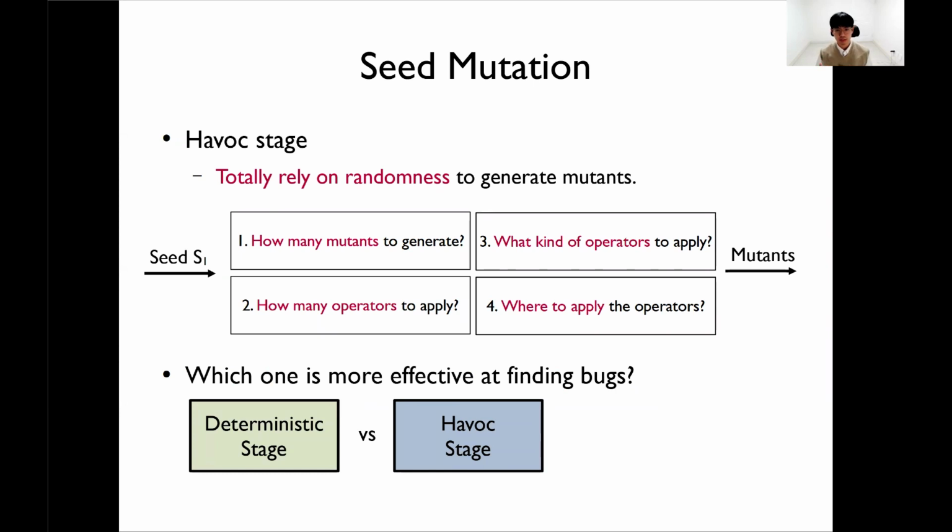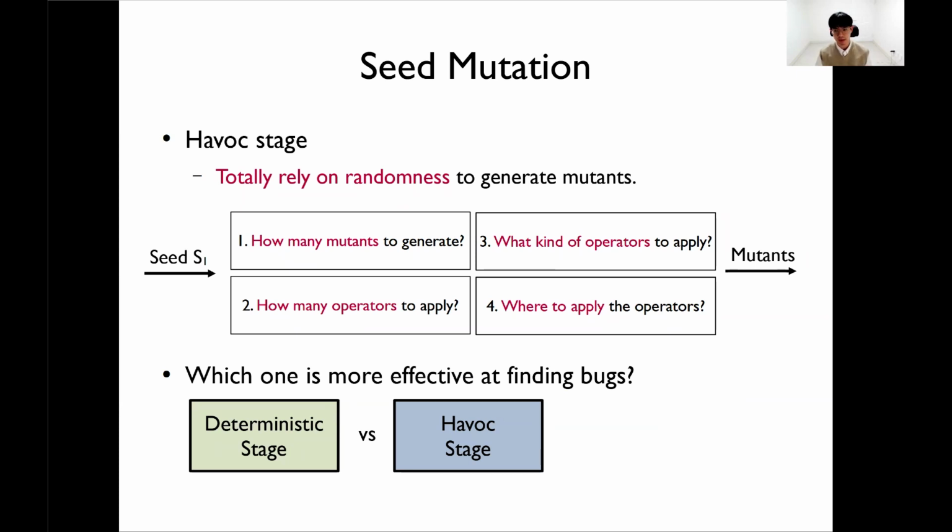If considering realistic input such as 3 megabyte MP3 files, this decision making in the Havoc stage induces a tremendous search space.